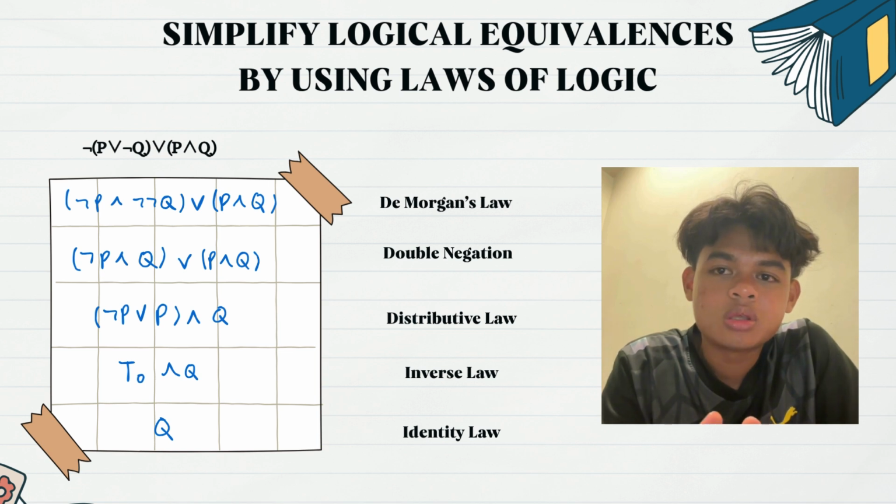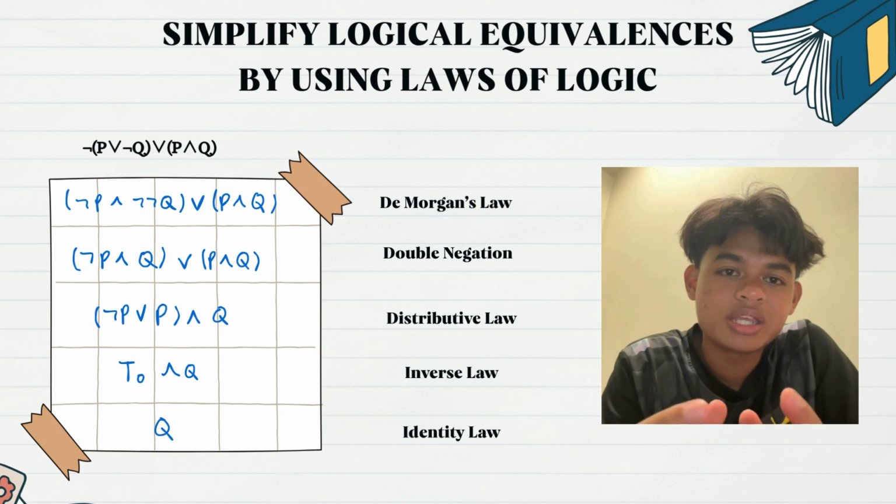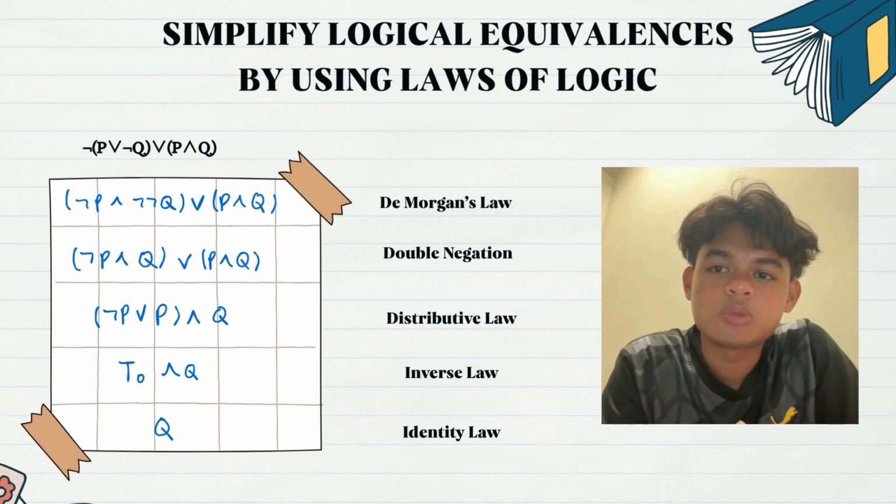After that, we can see the double negation on Q. So we can apply the double negation on that one, which will result in (not P and Q) or (P and Q).